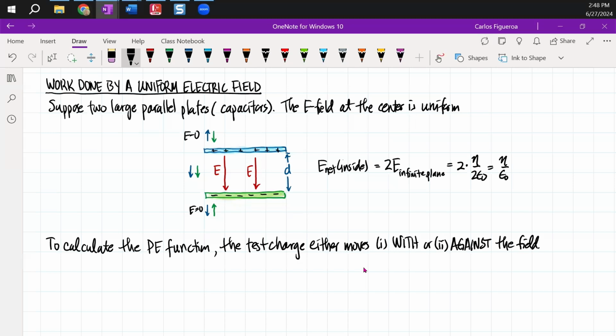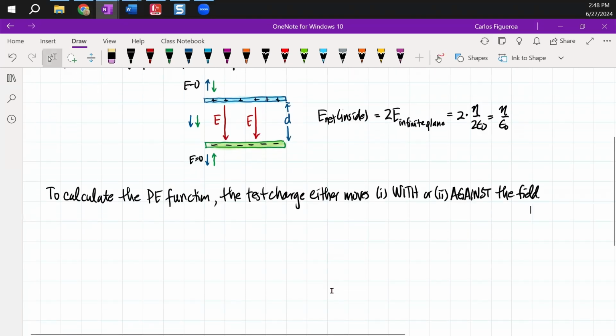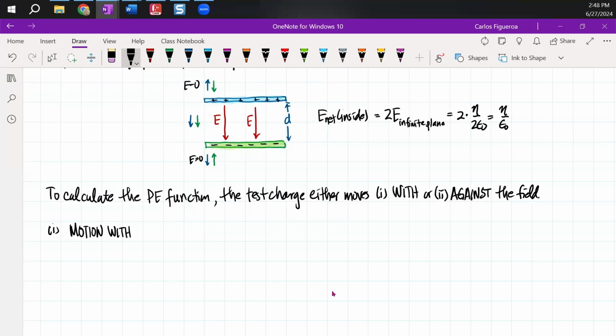So if I'm looking at the field here, let's talk about the first case. The first case I'm looking at is motion with the field. So I imagine that I have a positive charge here.